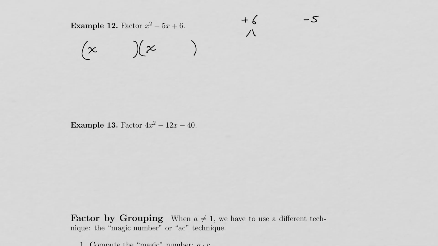If I multiply two negatives, I get a positive, and because I need to add them to get a negative, it's going to have to be two negative values. And it looks like negative 2 and negative 3 will work, right? If I multiply those together, I get positive 6. If I add them, right, take away $2, I take away another $3, I've lost $5. I get negative 5 if I add them together. So those are the two values I want, negative 2, negative 3.